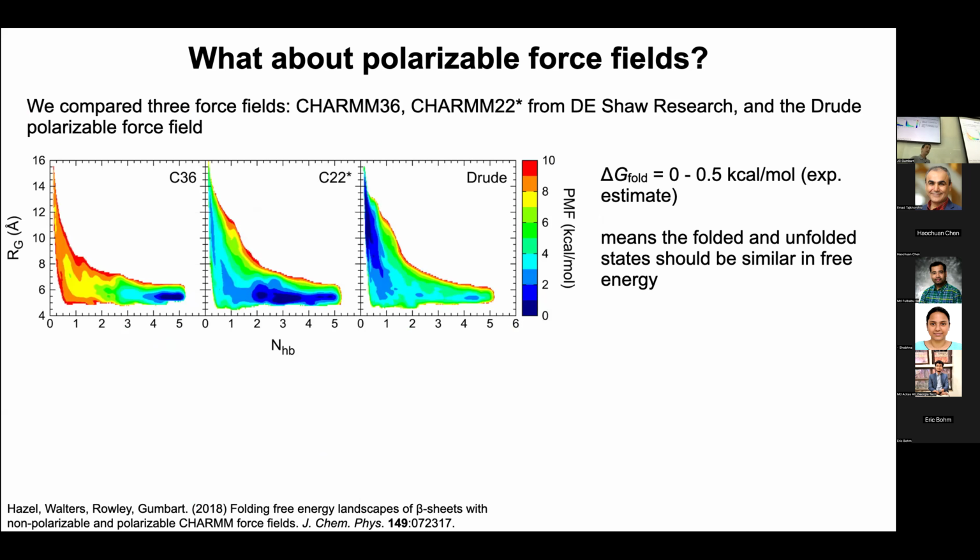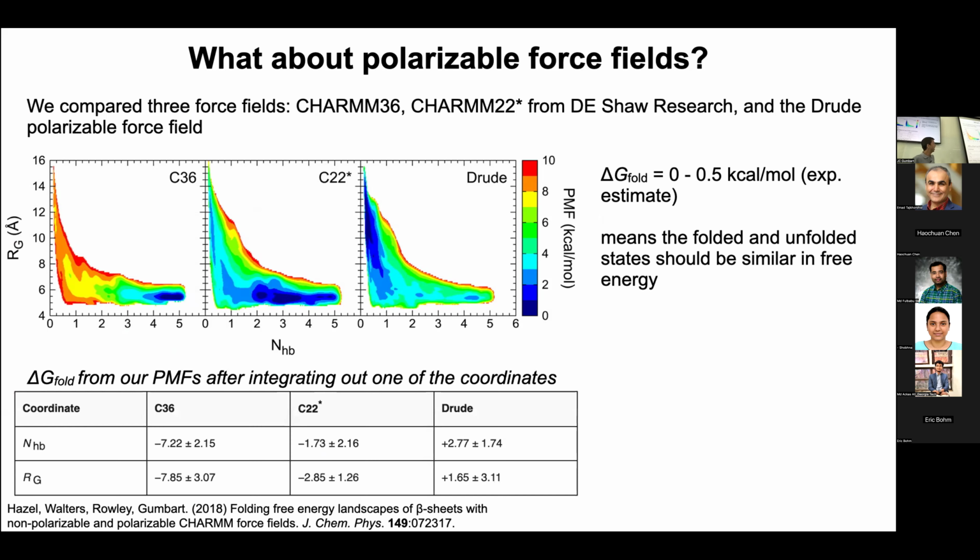Experimentally, it's expected that the folding free energy is almost 0. What that means is it spends half its time unfolded and half its time folded. It's maybe a little hard to tell from these 2D plots, so we integrated out one or the other coordinate to get the delta G in 1D plots. Depending on which we integrate out, we get slightly different numbers, but for CHARMM36 it's around -7.